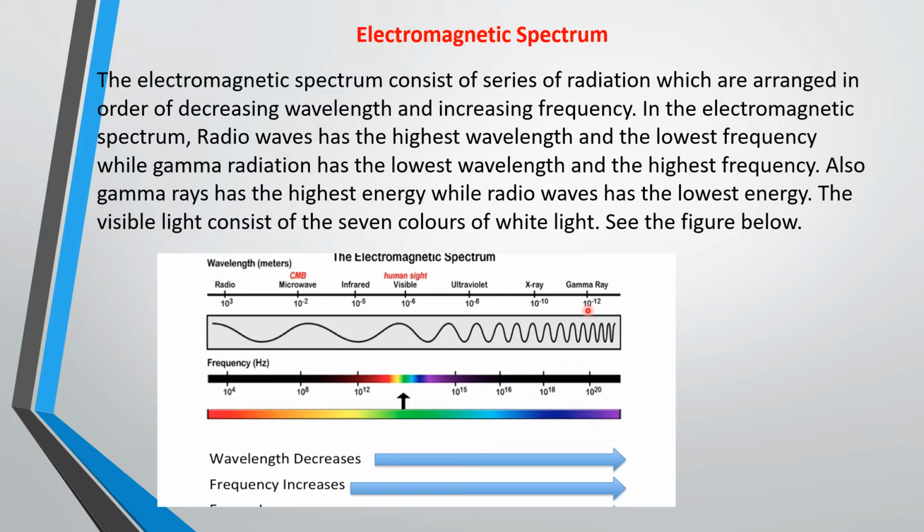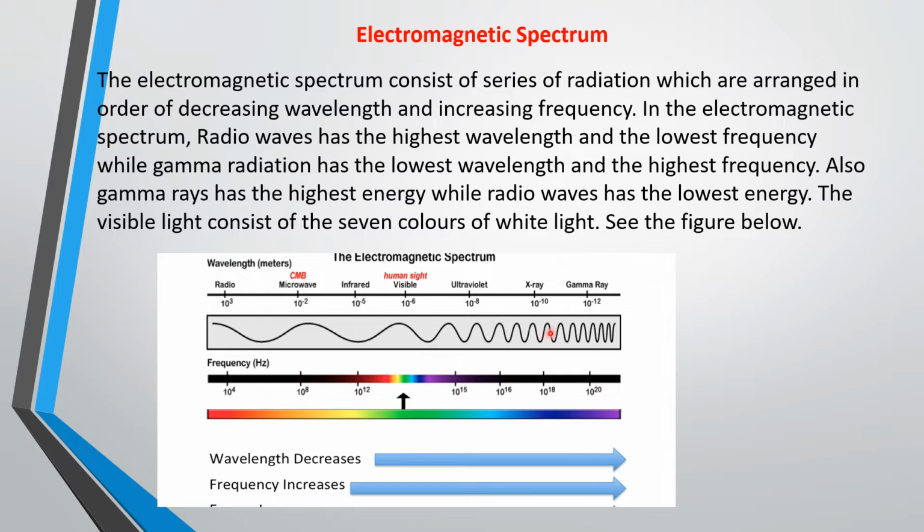Radio will have the highest wavelength, gamma ray has the least wavelength. Radio will have the least frequency, gamma ray has the highest frequency. And that is what this arrow is indicating for you. This is decreasing wavelength, increasing frequency.